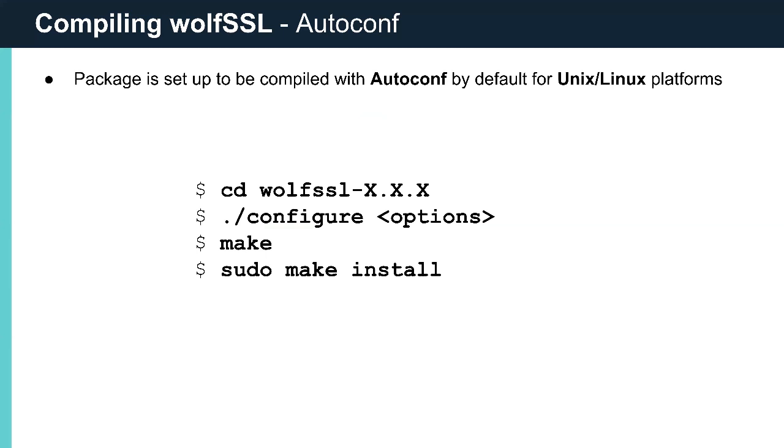Essentially you run ./configure with any number of options, which are usually in the form of a --enable or a --disable. That goes out and checks a bunch of stuff about your system that we can then use during compilation. You run make to compile the library, and then either make install or sudo make install to install the library artifacts, header files, and a few other things.